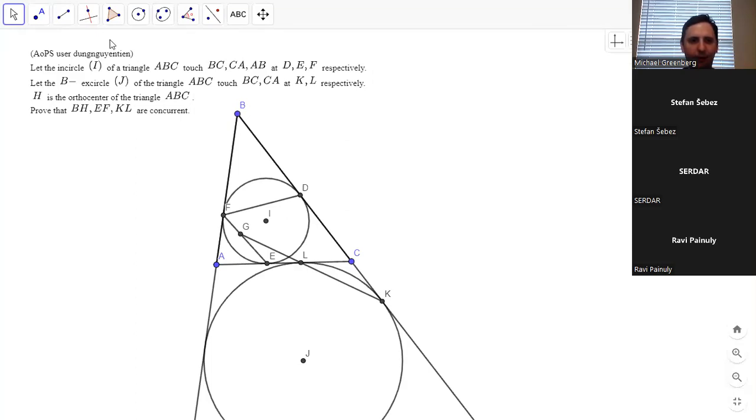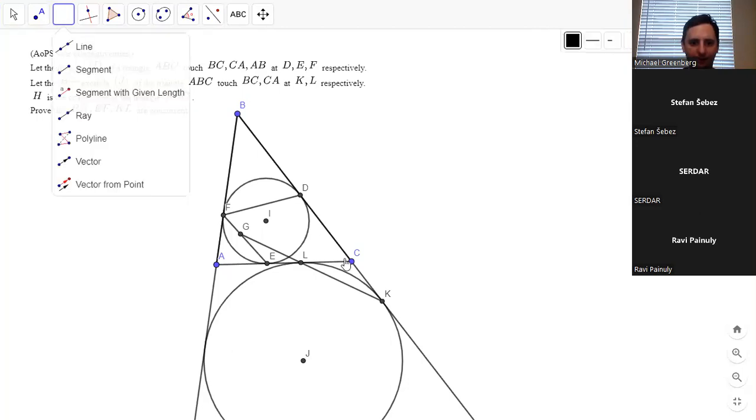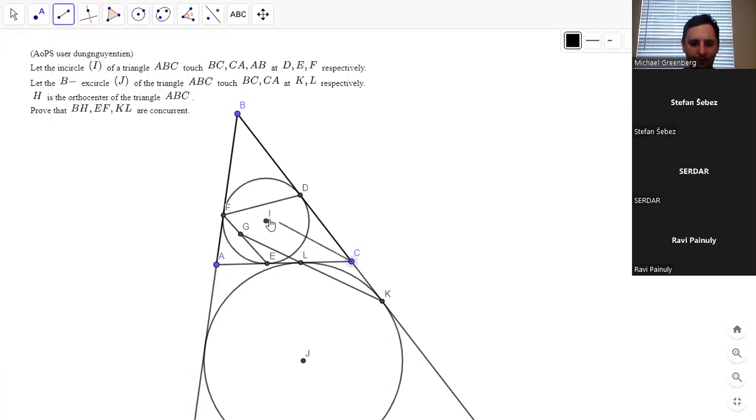So KL is parallel to CI, right? IE is perpendicular.